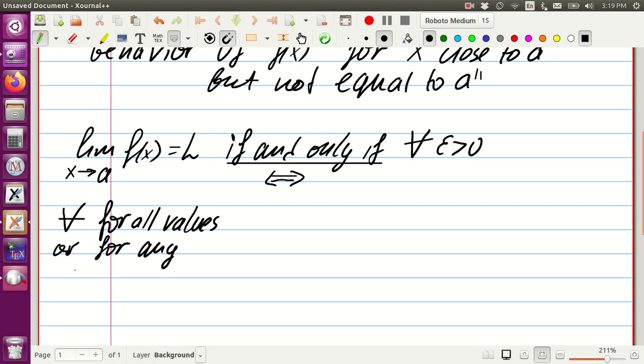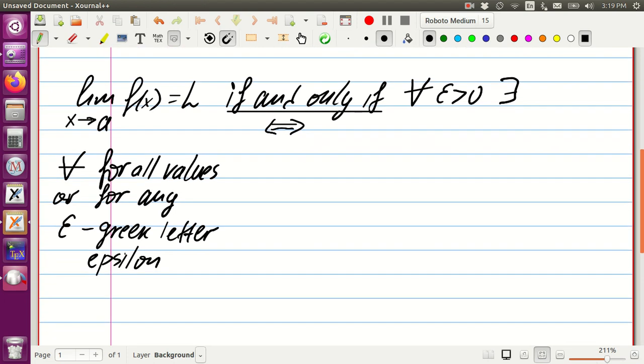And this letter is the Greek letter epsilon. So it says that for all values epsilon greater than 0, then again, a strange symbol.